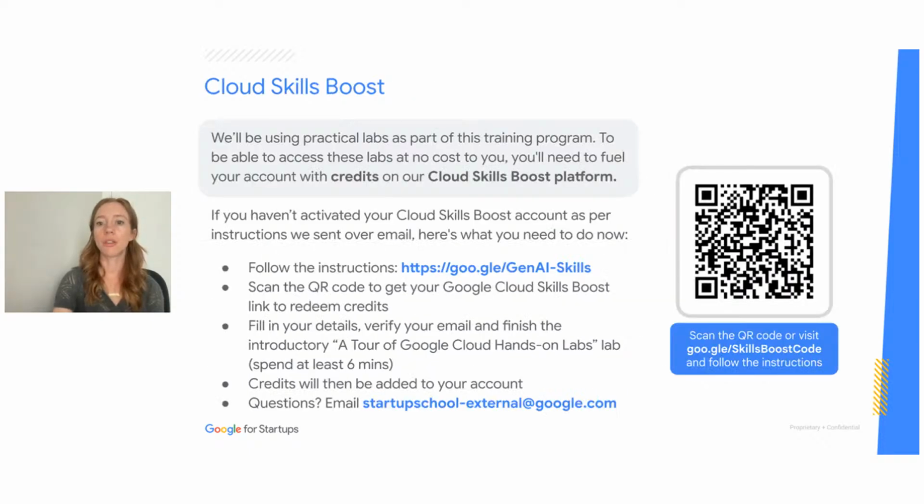All right, I'm going to just double click a little bit on Skills Boost. To be able to access the recommended labs free of charge, you do need to fuel your account with credits on the platform. All of this information was provided either in a reminder email or confirmation email that you all received. As a reminder, if you haven't seen it, please do check your spam or junk folders. The emails come from googlecloud@google.com if that's helpful.